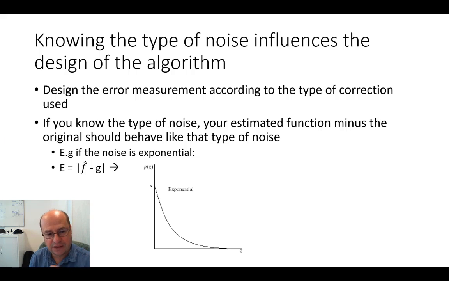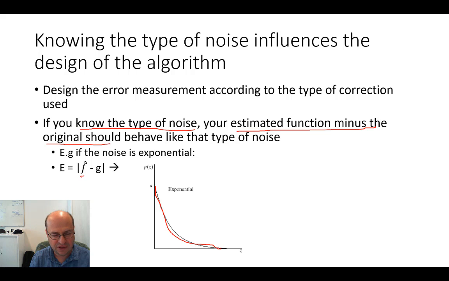Now, how do you do that? If you know the type of noise, or you have an estimate of the type of noise, say exponential, and you get your estimated function and subtract it from the original function, you should have an exponential as output, right?